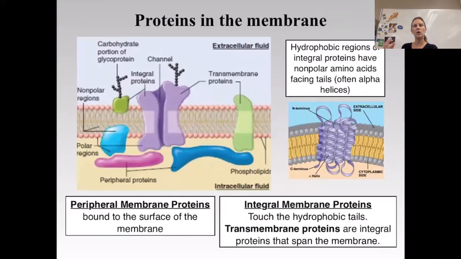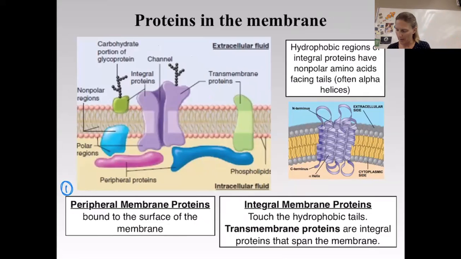All right, so if we look more carefully at all the different kinds of proteins that are in the plasma membrane, I want to point out a couple, and this can get really confusing for people, but I'm going to try to make it as simple as possible. So the first kind are peripheral membrane proteins. These are proteins that are bound to the surface of the membrane.